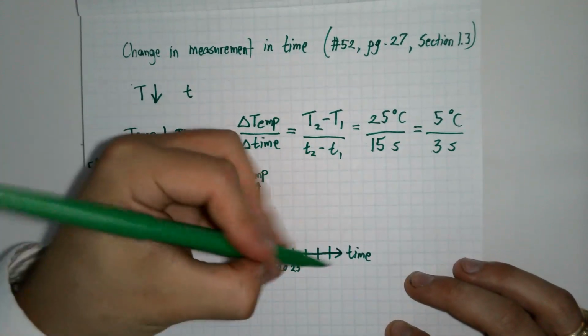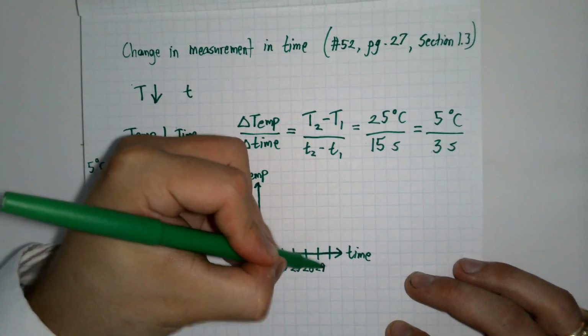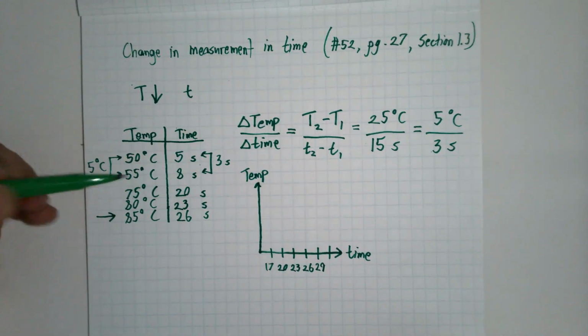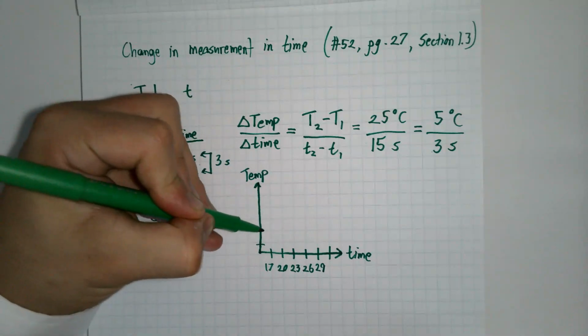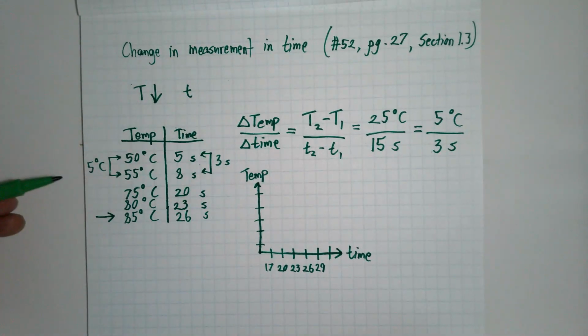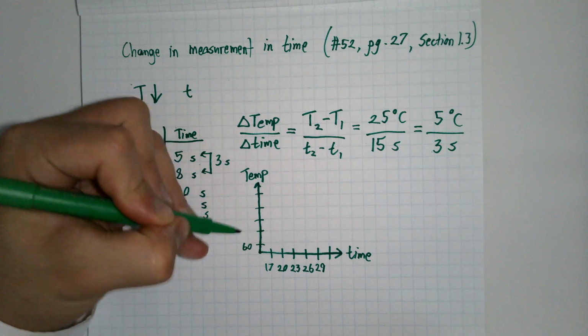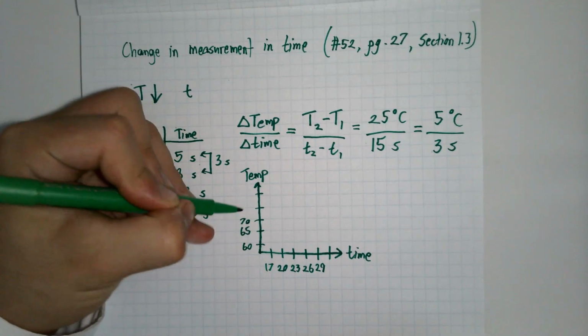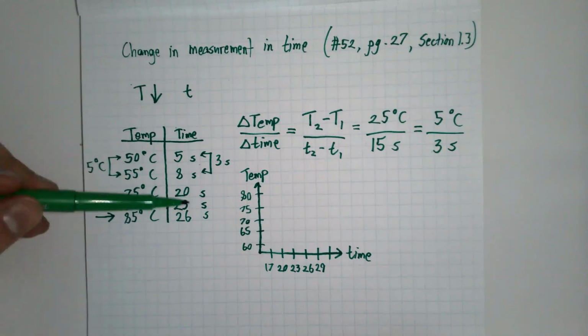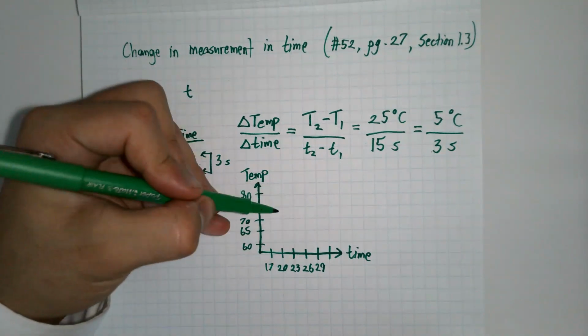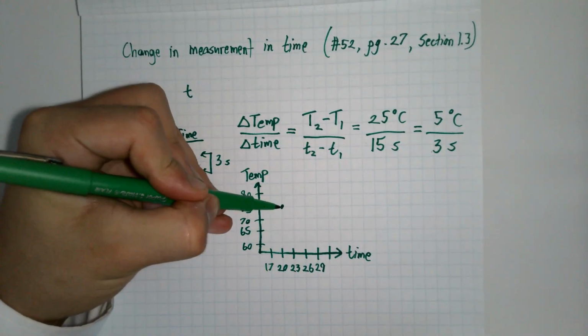Here's 23 seconds. Here's 26, 29. Now I know based upon my data table, I already had at 20 seconds, it's 75 degrees Celsius. Put this in as 60, 65, 70, 75, 80. At 20 seconds, it's at 75 degrees Celsius. 20, 75. There we go.